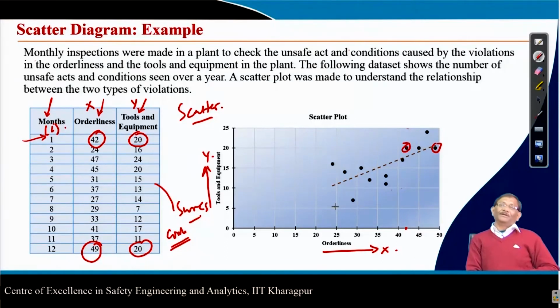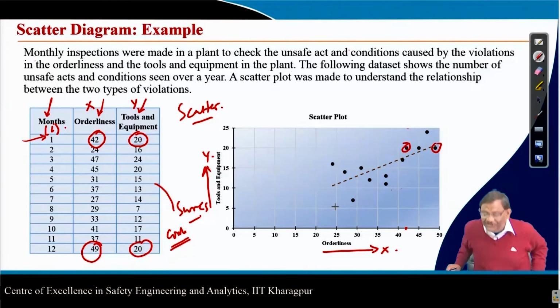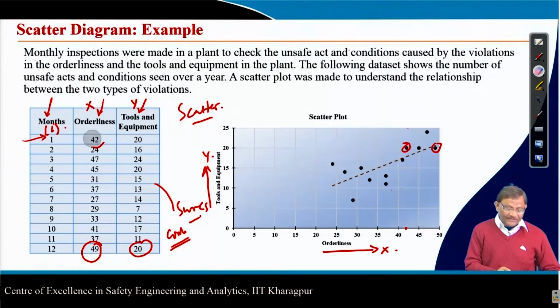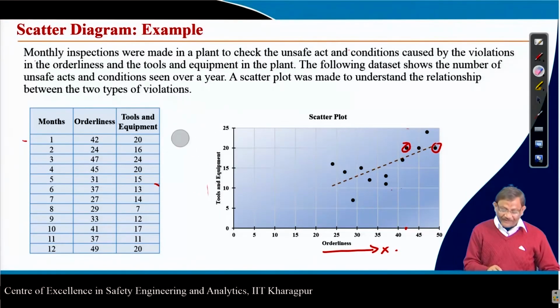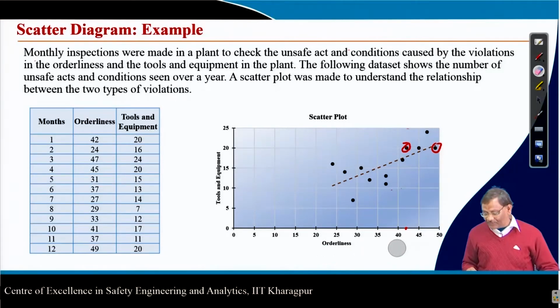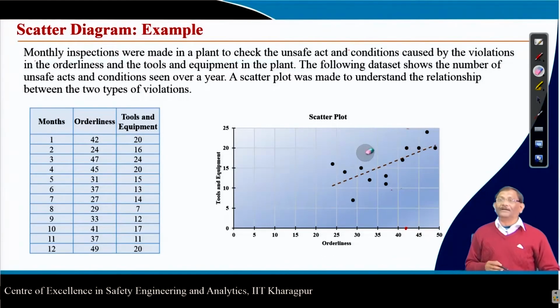So, that way it will be constructed, and it is an easy thing to do, it is not a big thing. You use the data in Excel and ask Excel to do, within a fraction of a second it will do. Now, the issue is what inference you can draw from this, what benefit you are going to get if you do this kind of scatter diagram.